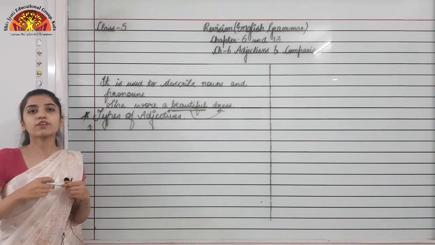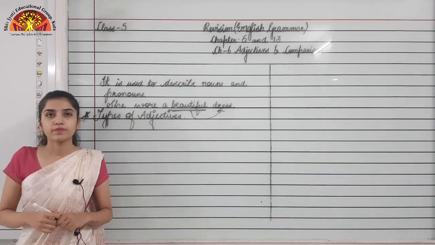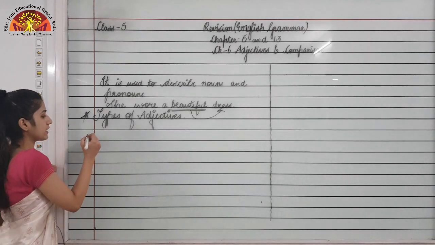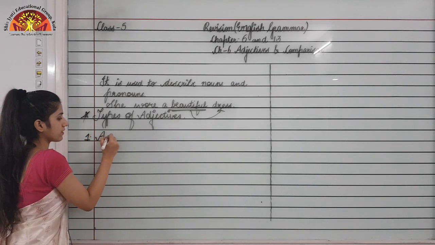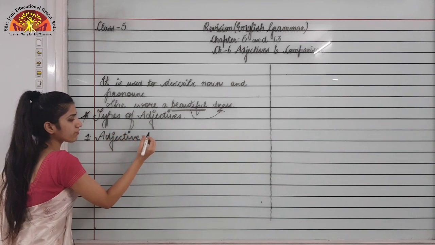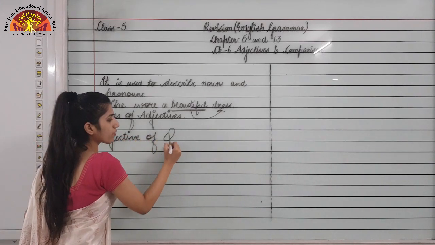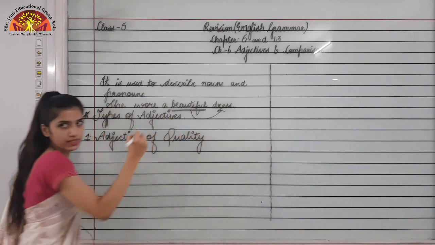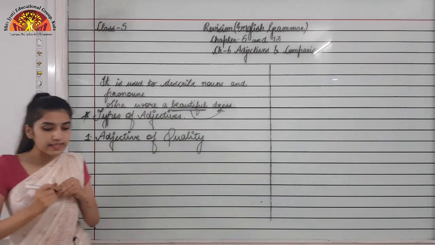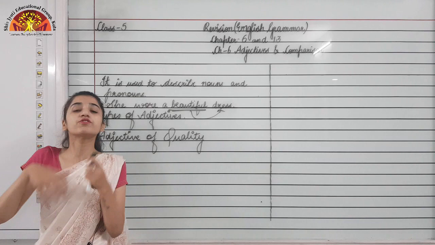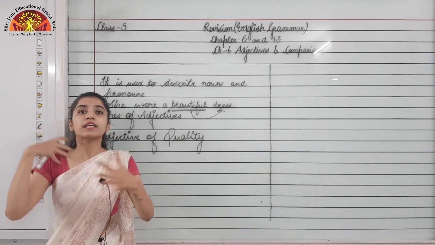So the first type of adjective is adjective of quality. Quality tells us about the quality of something, what kind of a thing it is.